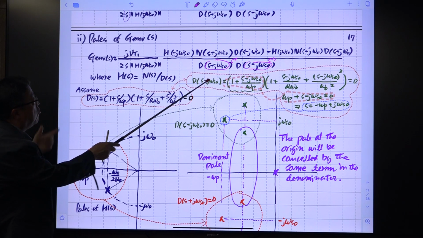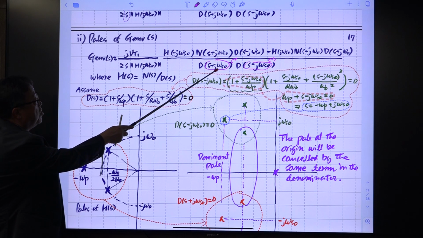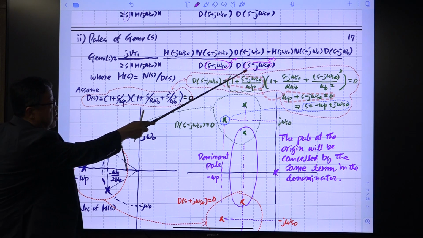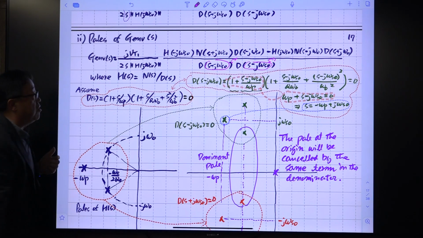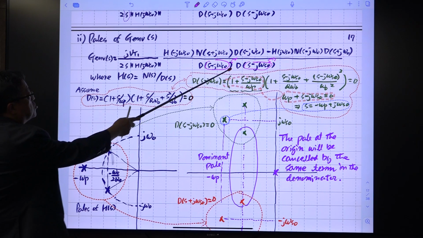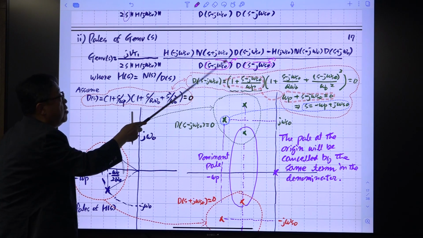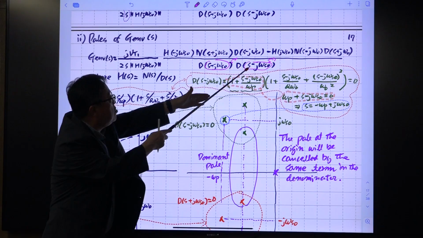In the first term, S is replaced with S plus J omega S, and here S minus J omega S, right? Okay, so consider this one. We have another expression like this. So we just consider this one.